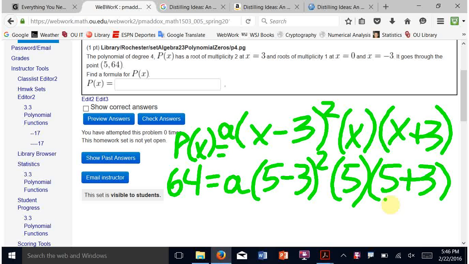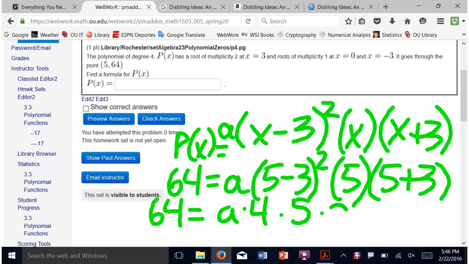So we get 64 equals a times 5 minus 3 squared, which is 2 squared, which is 4, times 5 times 8. Okay, let's see. Well, 5 times 8, that's 40. And 40 times 4, that would be 160. So 160a equals 64.